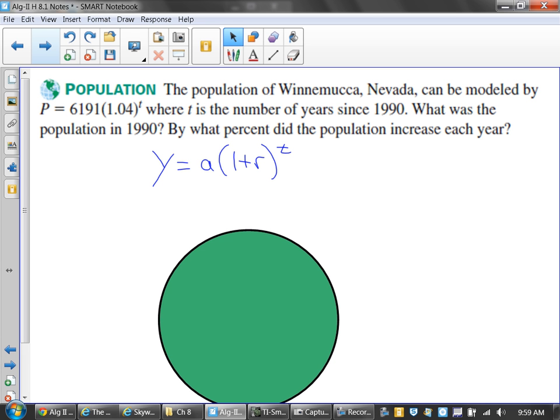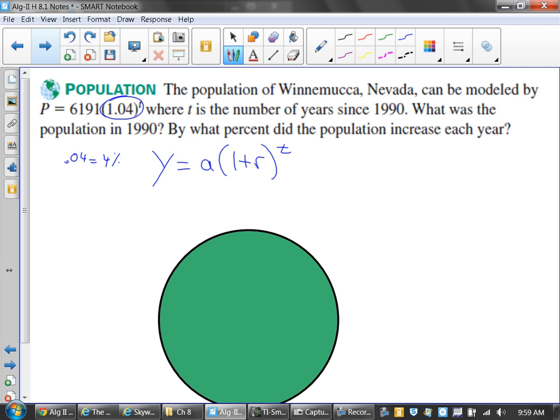They want you to figure out what the population was in 1990, and by what percent it increased each year. Looking at this, could I tell what my yearly percentage of increase is? It's 4%. Not 0.4, it's 4%. Everybody okay with that? Remember, 0.04 is 4%.